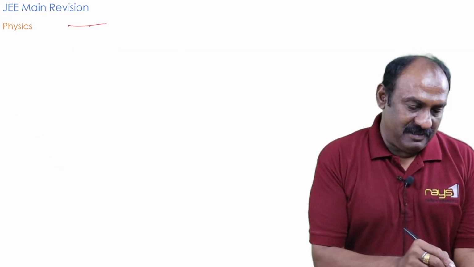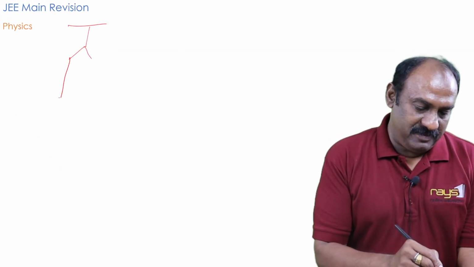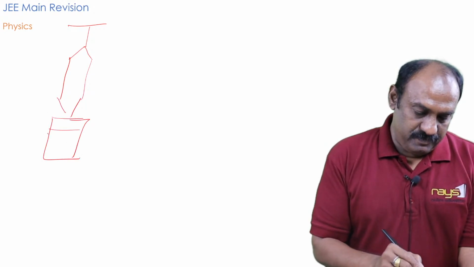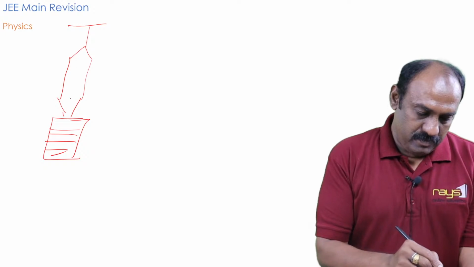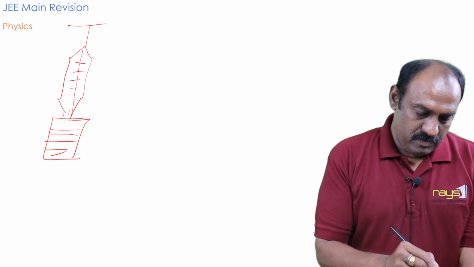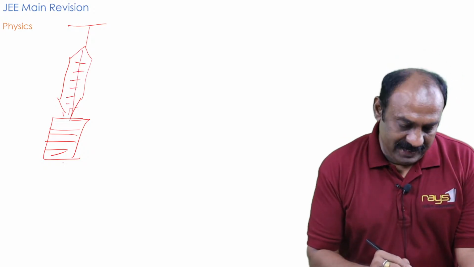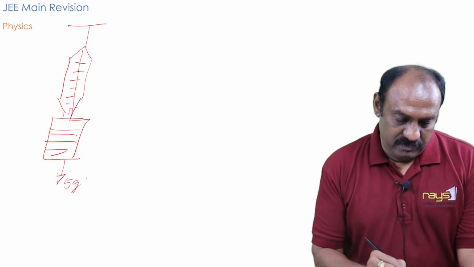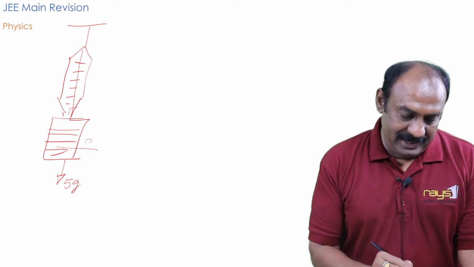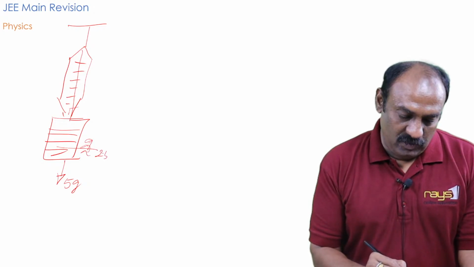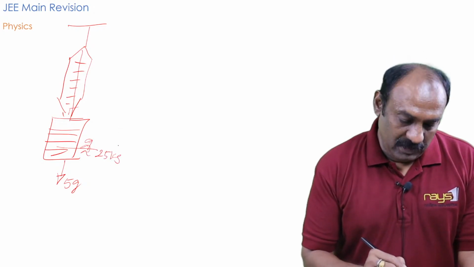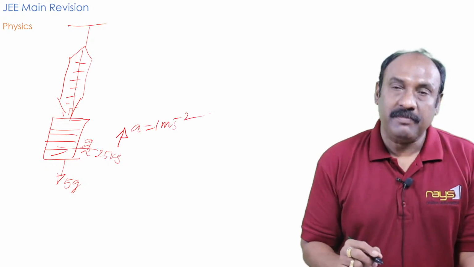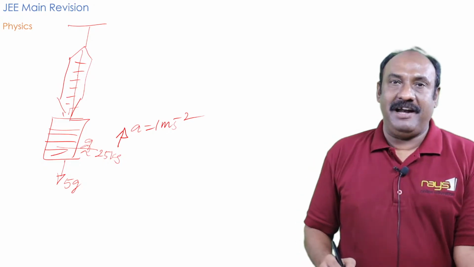So, in this case, this is the spring balance connected to a ladder. This ladder weighs 5g, and a man on the ladder, mass 25 kg, moves up with an acceleration a equal to 1 meter per second square. So, what is the reading in the spring balance?